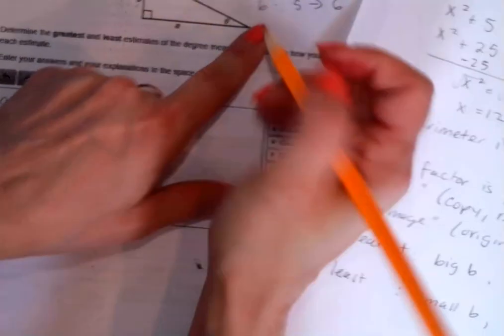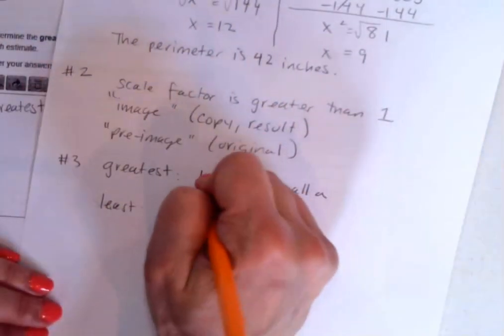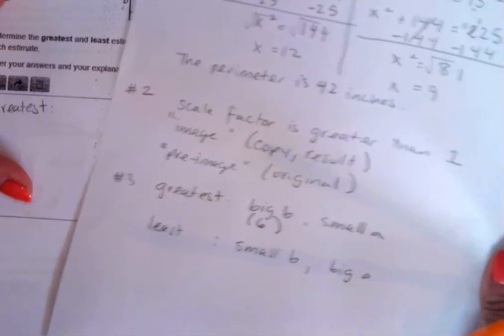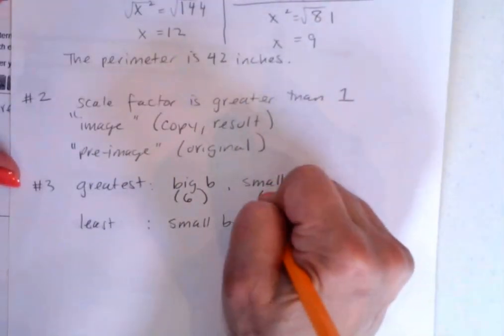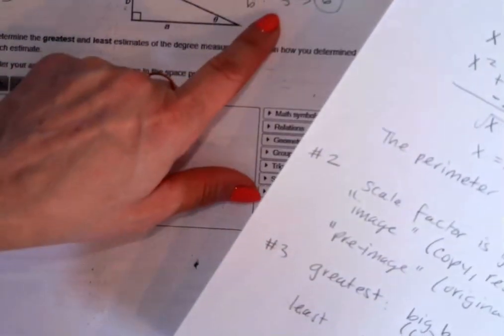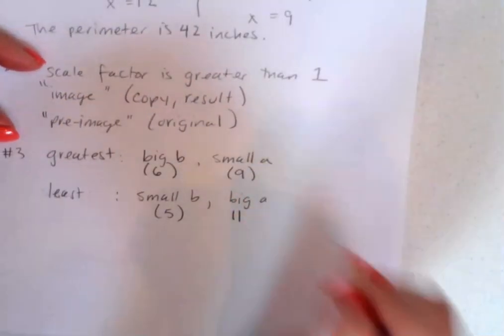The greatest B that we could possibly have is 6. And the smallest A that we can have, I think this is a 9. And the smallest B is a 5. And the biggest A that we can have is 11.